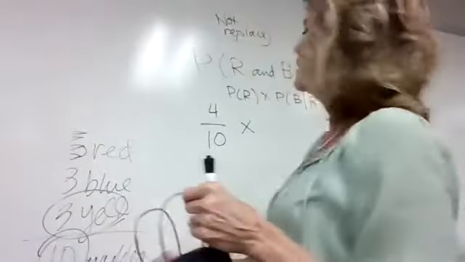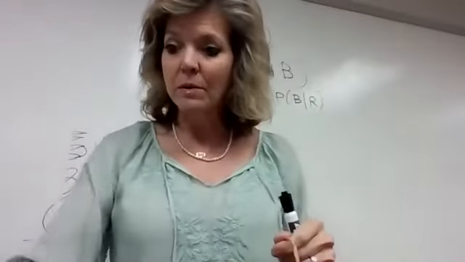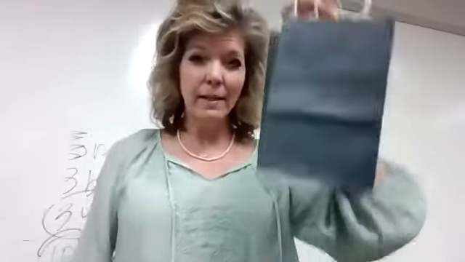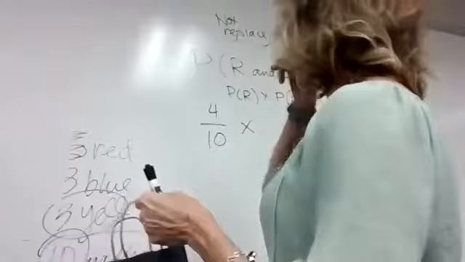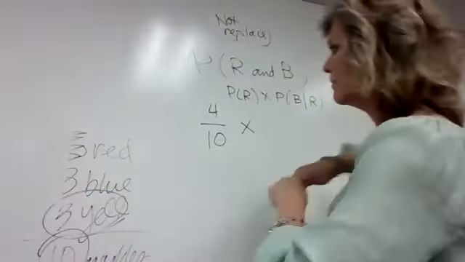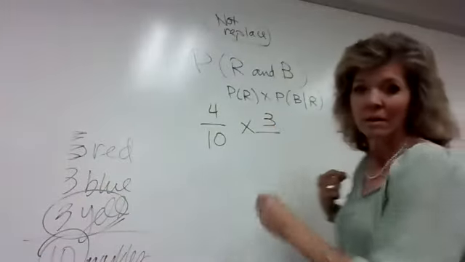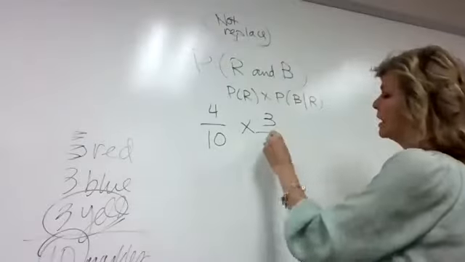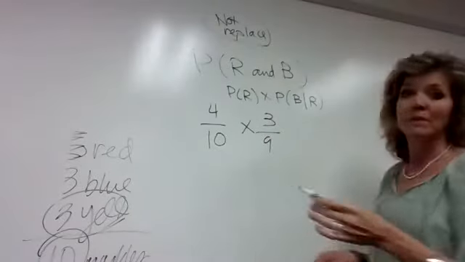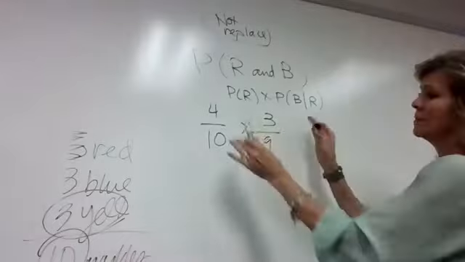So on the first draw, I had 4 out of 10, but I got a red. I did say red. Yep. I'm going to leave the red out because I'm saying I'm not replacing. So now there's a marble missing. It's not a blue marble, but it's a red marble. And so I still have 3 blue marbles in there, but I don't have 10 marbles in there anymore. I only have 9.